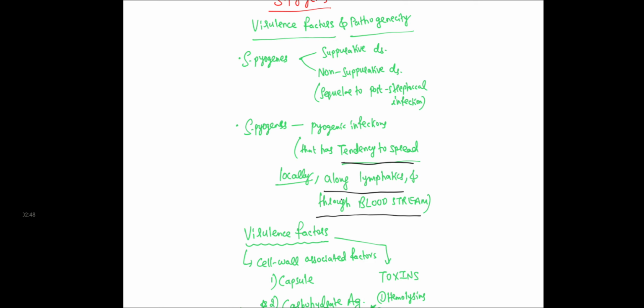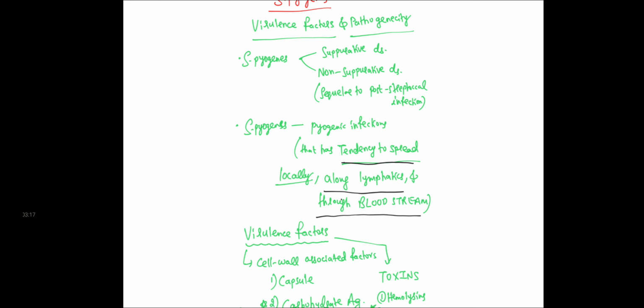Now, Streptococcus pyogenes virulence factors and pathogenicity. Streptococcus pyogenes causes both suppurative disease and non-suppurative disease, which is due to sequelae of post-streptococcal infection. It causes pyogenic infections that tend to spread locally, along the lymphatics, and through the bloodstream. The virulence factors include cell wall associated factors and toxins.